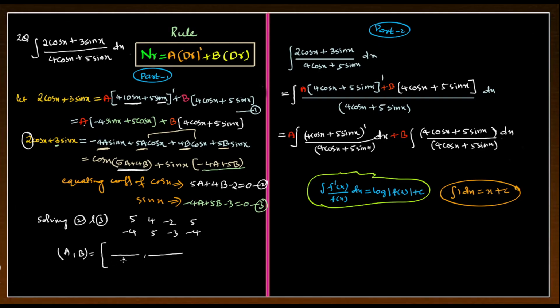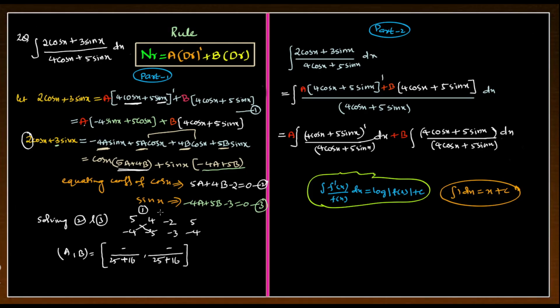Here we have to do AD minus BC, meaning cross multiply, like a determinant in matrices. 5 5s are 25, minus of minus 4 4s are 16, and by the formula minus into minus is plus, 4 4s are 16. So this AD minus BC we have to write in the denominator, that is 25 plus 16.